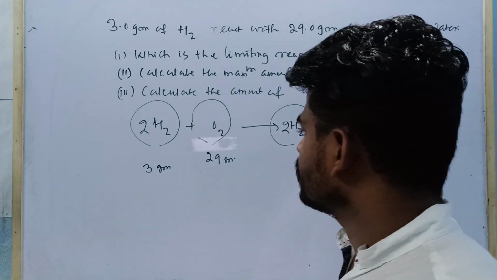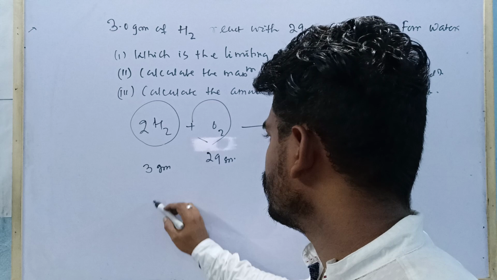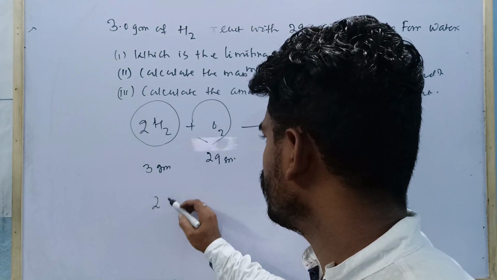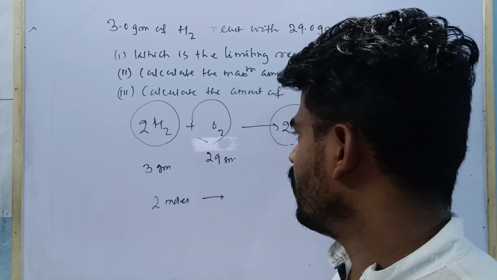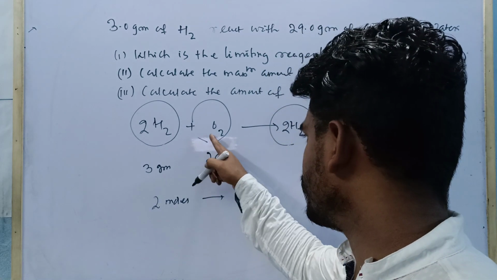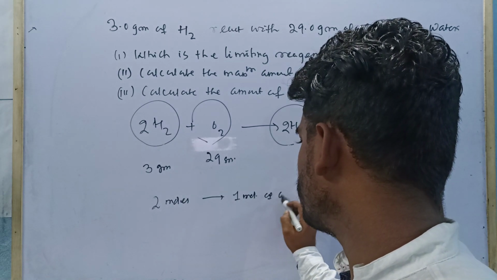So here, how do you calculate? 2 moles of hydrogen require how many moles of oxygen? 1 mole, the stoichiometric coefficient. 2 moles of hydrogen require 1 mole of oxygen.